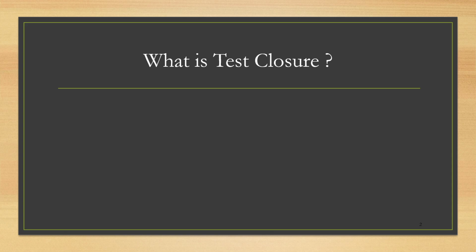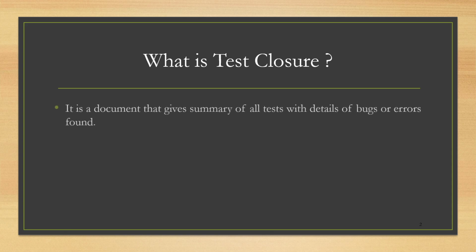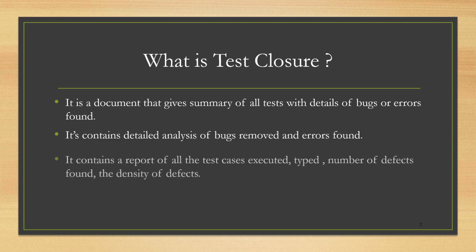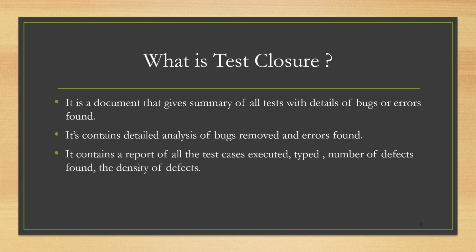The first question from manual testing was, what is test closure? Basically, it is a document that gives a summary of all tests with details of bugs or errors found. It contains a detailed analysis of the bugs removed and the errors found. They are testing your software testing lifecycle process knowledge.